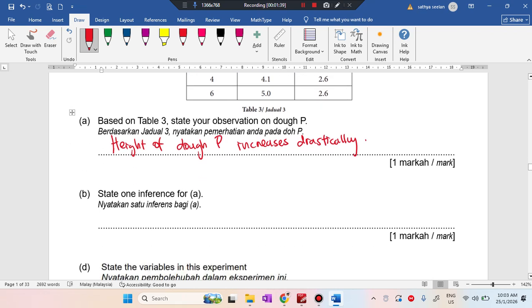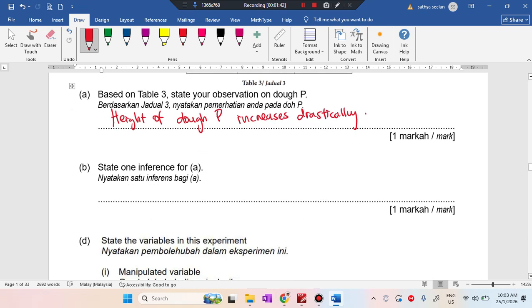What is the inference? It's a fungi that rises the dough, reacts with the dough. Yeast reacts with the dough and causes it to rise.